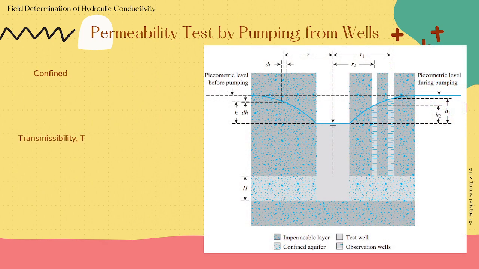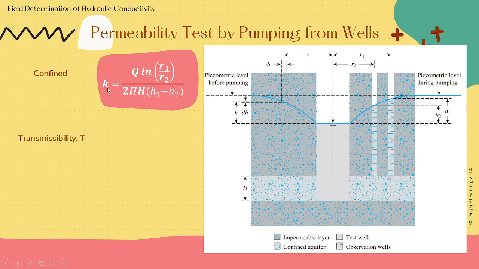So the next one is the confined aquifer. This can be determined by using this formula.